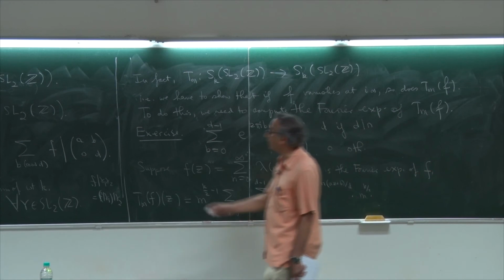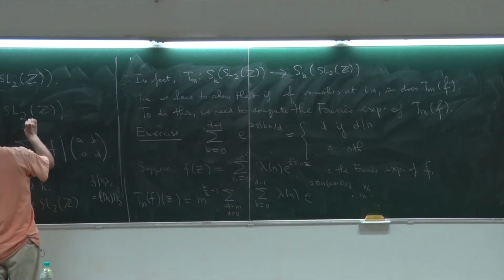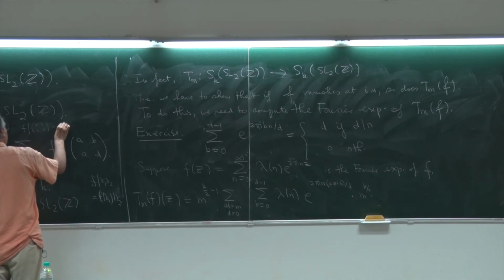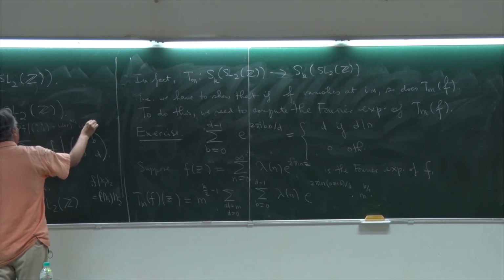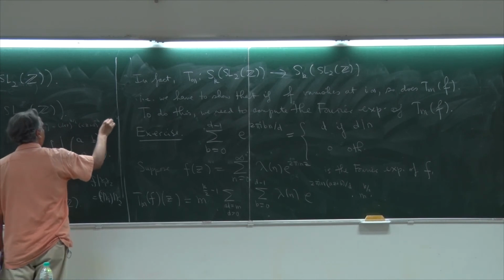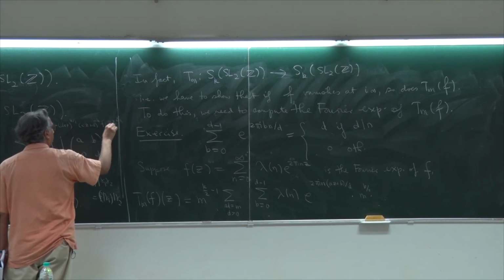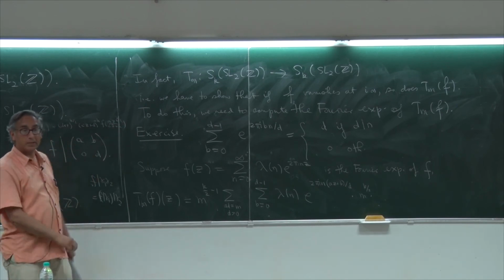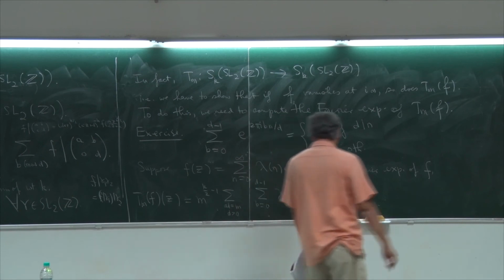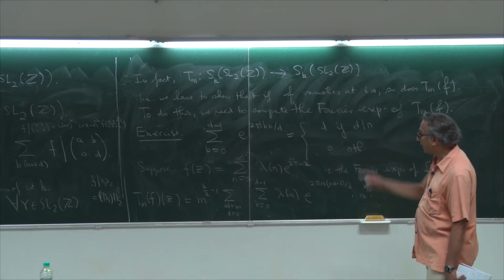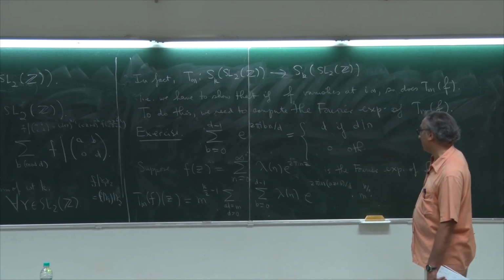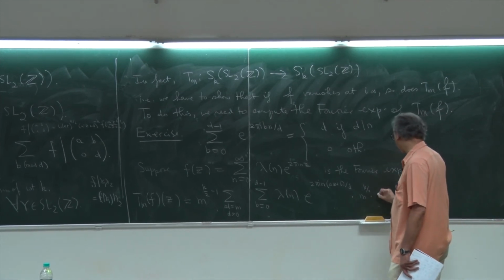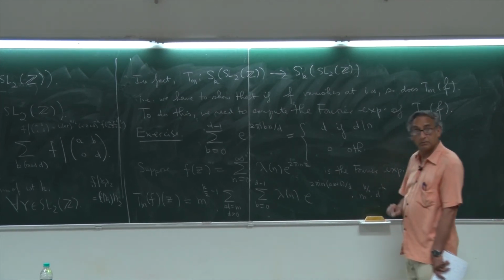The slash notation is the determinant to the power k over 2, (cz plus d) to the minus k, f of (az plus b) over (cz plus d). That's just the notation. So keep that in mind. Therefore, the determinant is to the k over 2, but the fudge factor (cz plus d), in our case, is d to the power minus k. Is that okay? Okay, good.